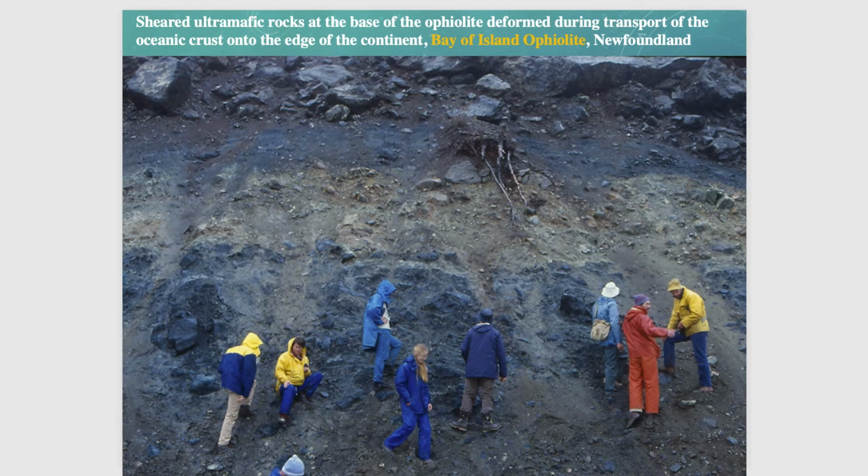In this case it is the Laurentian continent or Laurentian plate, and it is essentially part of the Bay of Islands ophiolite complex. So you can see here slices of ultramafic rocks forming slivers that are thrusted onto a metamorphic soil.